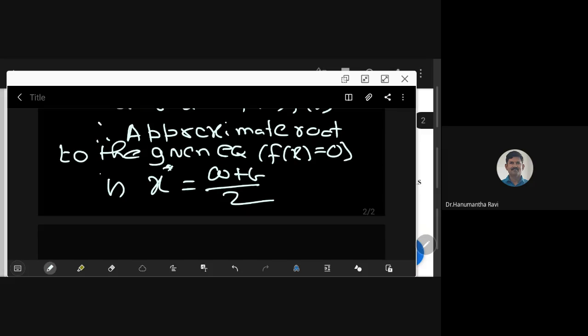Then once this x star is determined, just check the sign of f of A into f of x star.